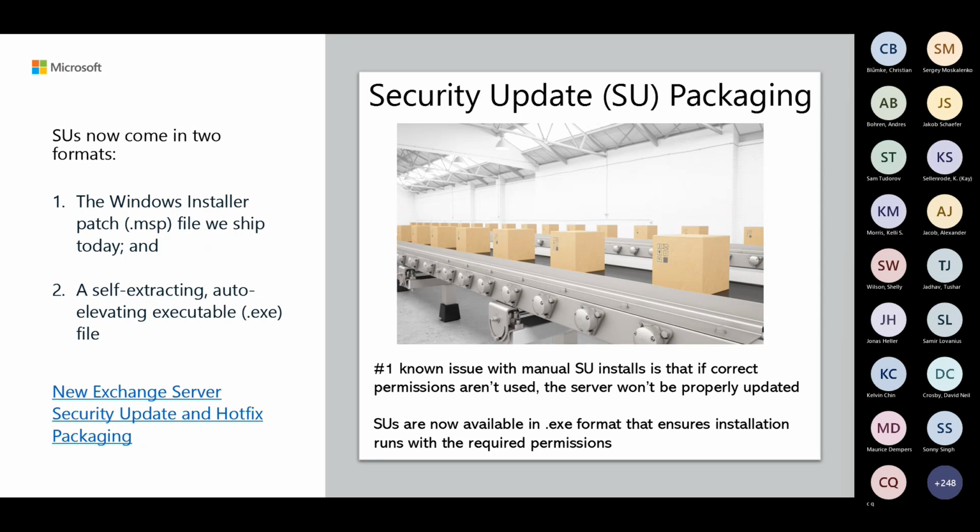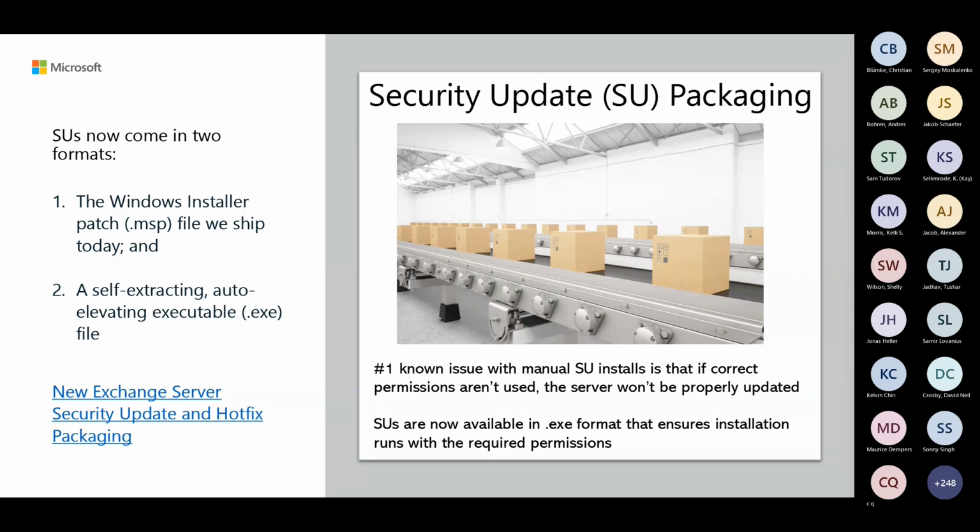So to address this, starting with our May SU earlier this year, our SUs now come in 2 different packages. One is the Windows installer patch that we have historically released, and the second one is a new self-extracting auto-elevating executable file. The exe file is really just a wrapper for the Windows installer patch file, and it's designed to ensure that the installation runs with the required permissions.